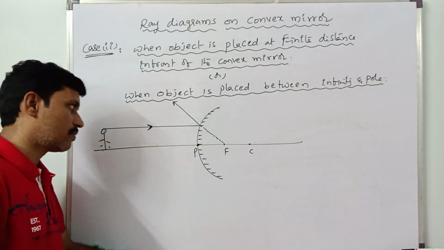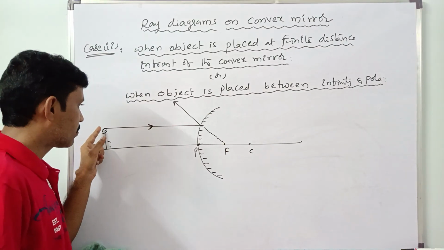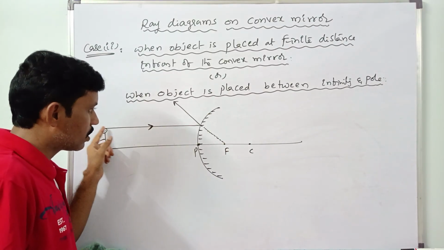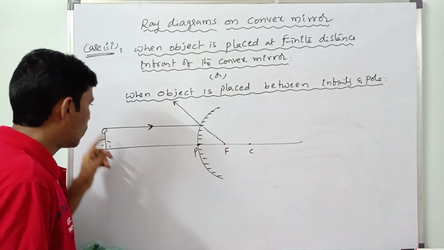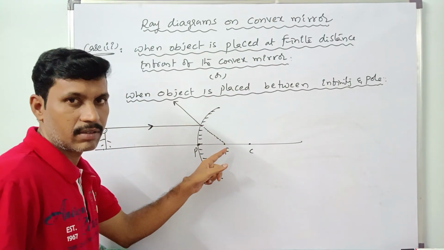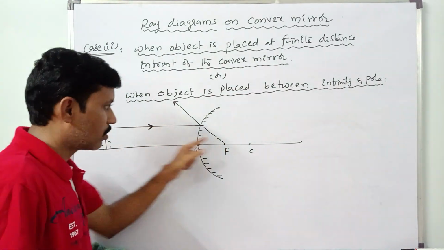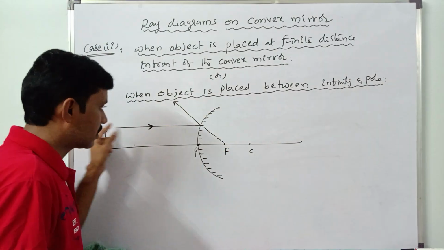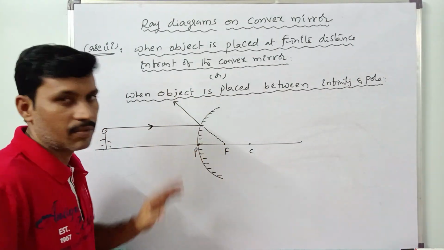There are four cases. For example, in case of a convex mirror, the second ray appears to pass through the focus point, or is directed towards the center of curvature, or is directed towards the focus point.